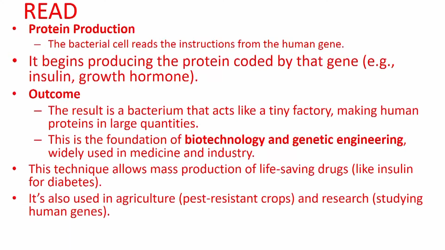Then, transformation into bacteria. The recombinant plasmid is introduced into a bacterial cell. The bacterium now carries both its own DNA and the new human gene. Then, protein production. The bacterial cell reads the instructions from the human gene.